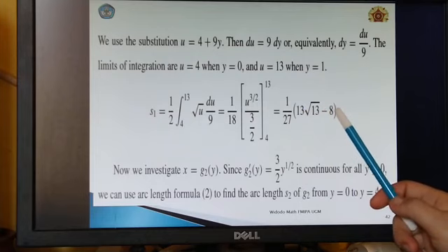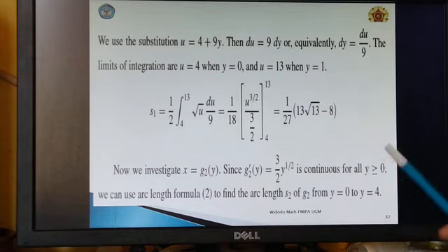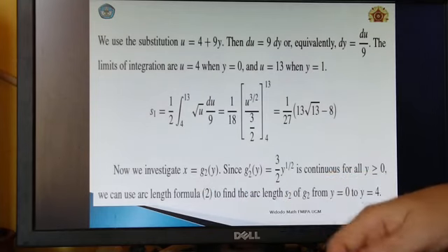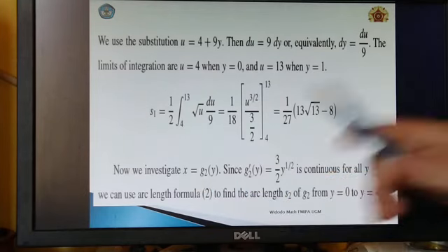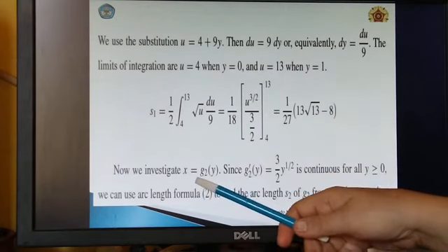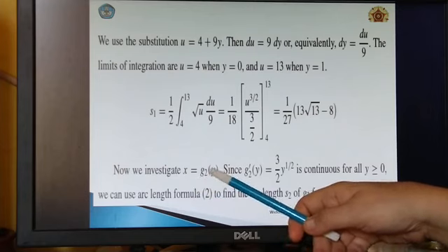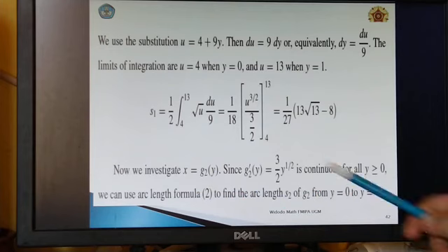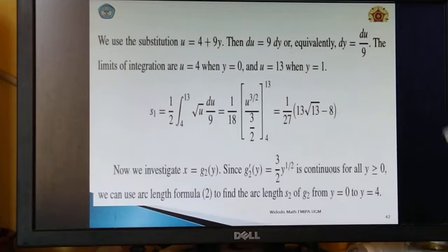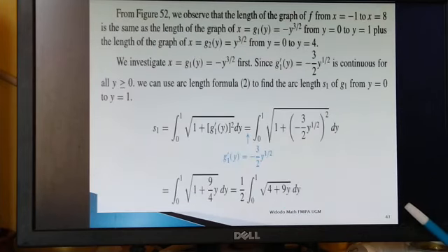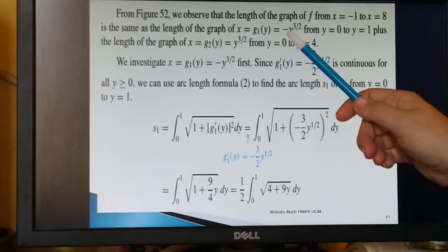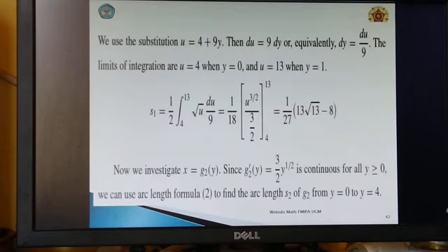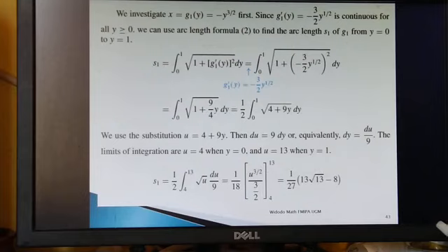By using the same way, we can also calculate the arc length of g2(y), using exactly the same expression, but the function without the minus. If g1 has the minus here, then g2 is without minus.